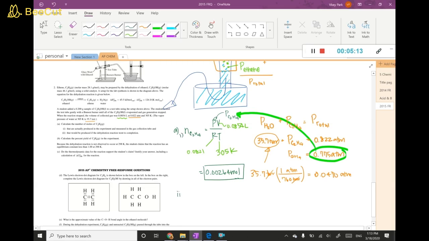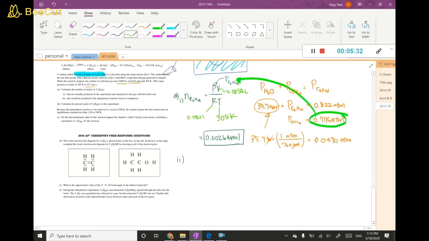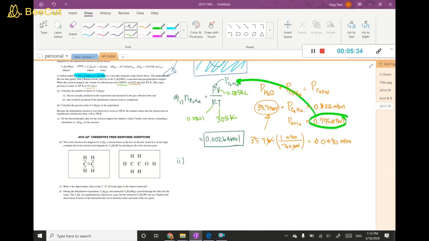All right, A2. It says calculate the number of moles of C2H4 that will be produced if the dehydration reaction went to completion. So this is assuming that all 0.2 grams of ethanol that was put in went straight to completion. So that's 100% yield, right? So this is just regular, simple stoichiometry.